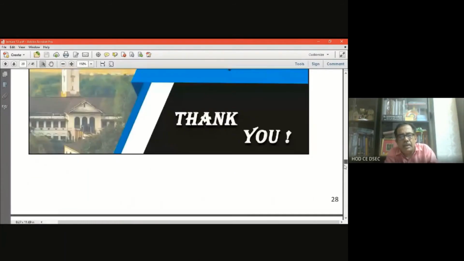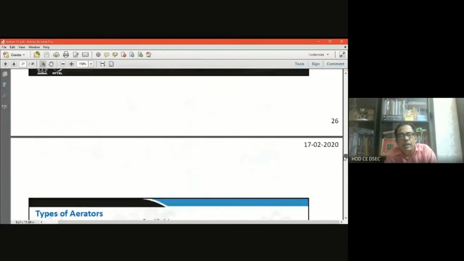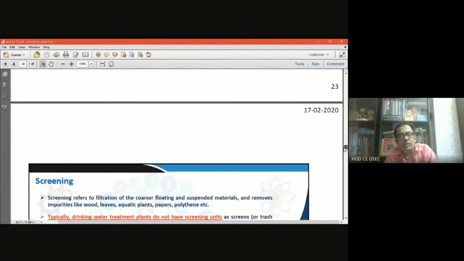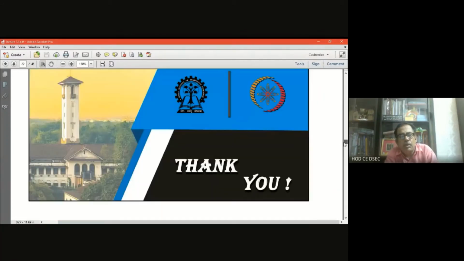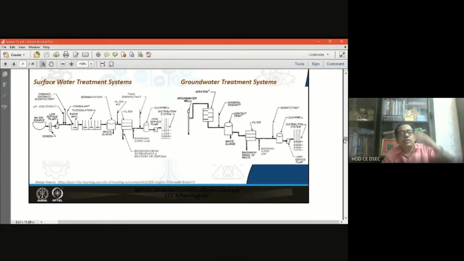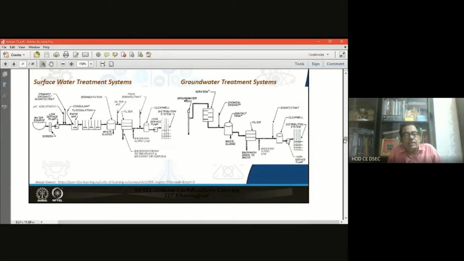I have given you at a glance the treatment processes we are following, serially what treatment processes are considered for surface water and for groundwater, through different schematic diagrams. Of the physical unit operations, I have detailed only two things: the screening and the sedimentation tank, to some extent, not yet fully discussed.